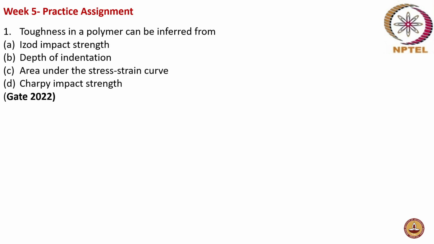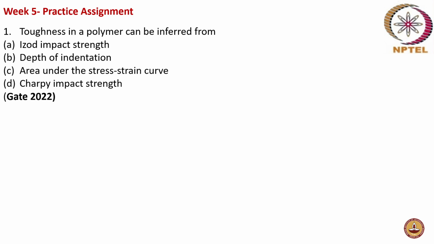Toughness in a polymer: can we infer toughness from the Izod impact strength, or depth of indentation, or area under the stress strain curve, or Charpy impact strength? This is a GATE question. C, answer C, ma'am. Area under the stress strain curve. Is it so? Are you sure? Yes, ma'am. Okay.